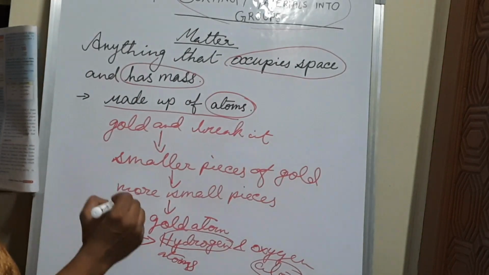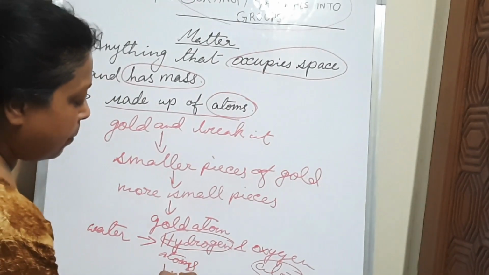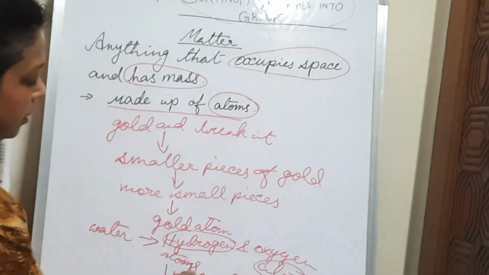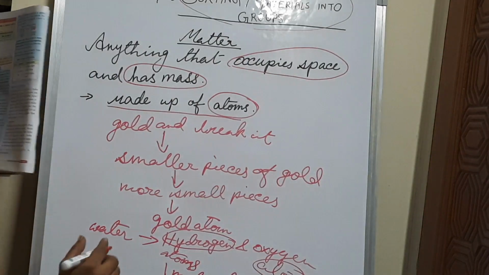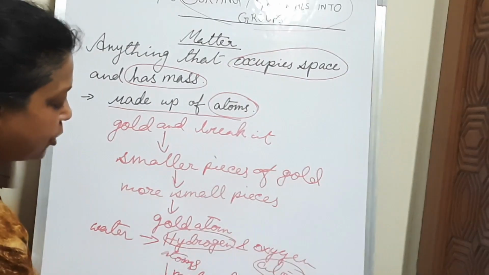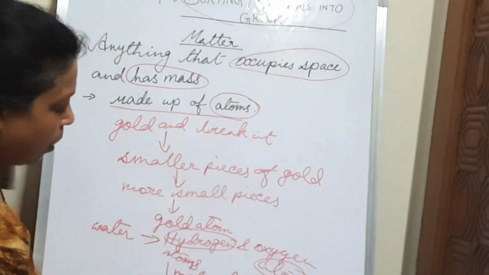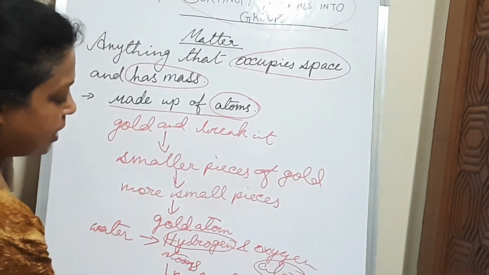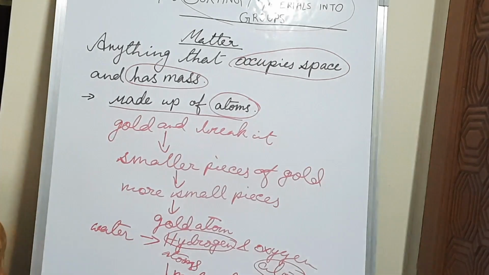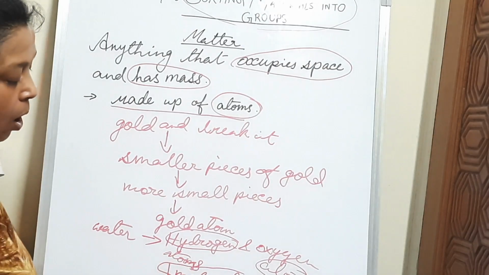The smallest particle of water is one molecule of water. One molecule of water contains two hydrogen atoms and one oxygen atom. So it is H2O. So two hydrogen atoms and one oxygen atom make one molecule of water.